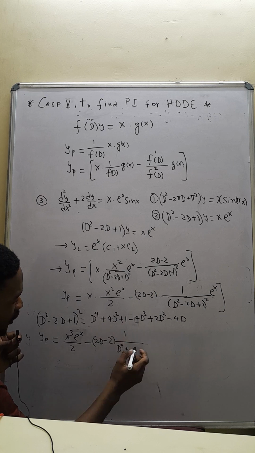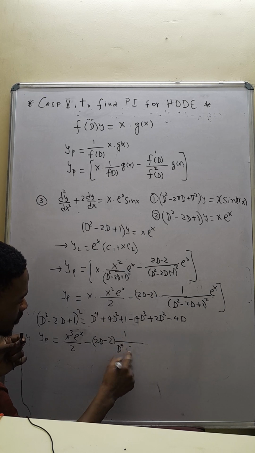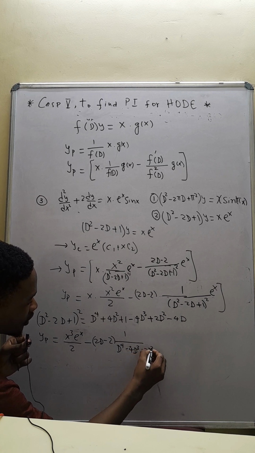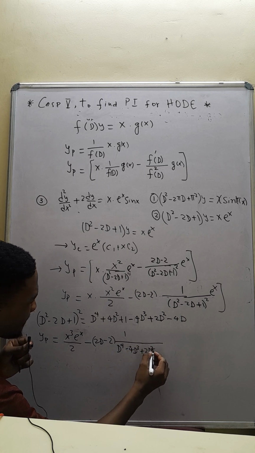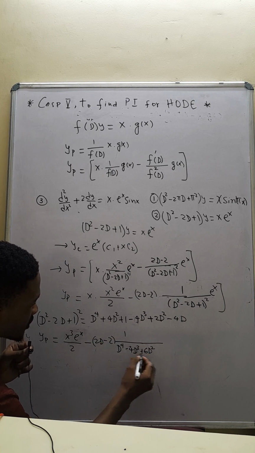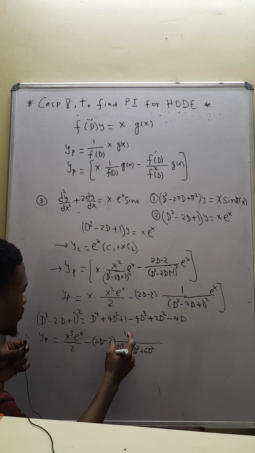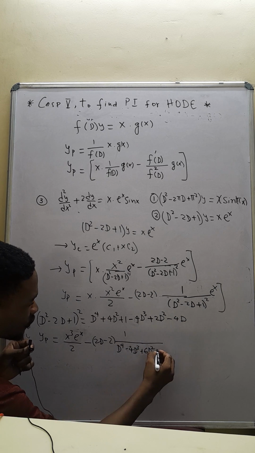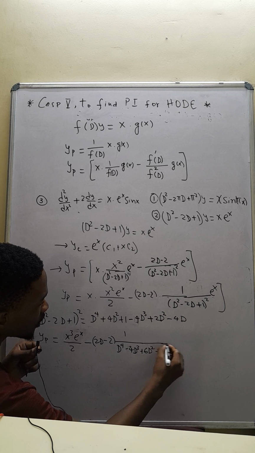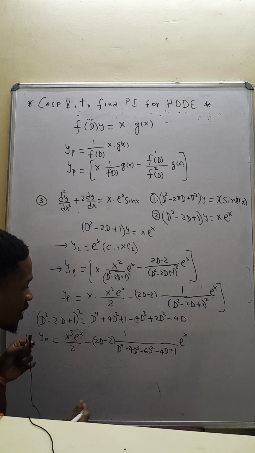Just organize this polynomial. It will be minus 4d cubed plus 2d squared. Yeah, 4d squared, this one. This will be 6d squared, this and this. And what else? Minus 4d. And then plus 1, Euler raised to x.